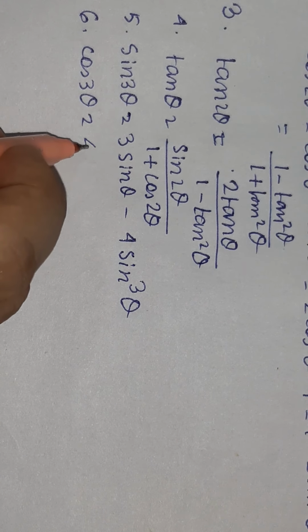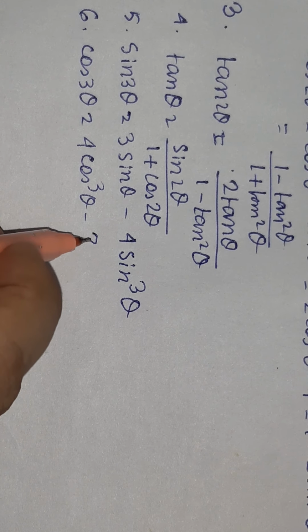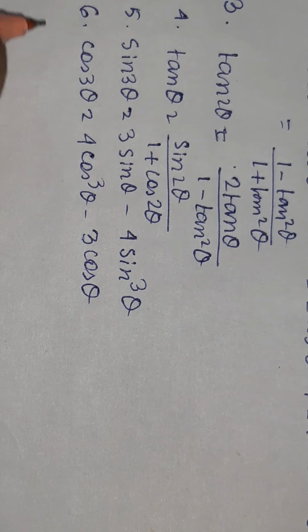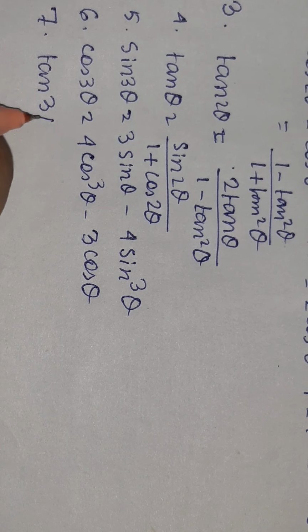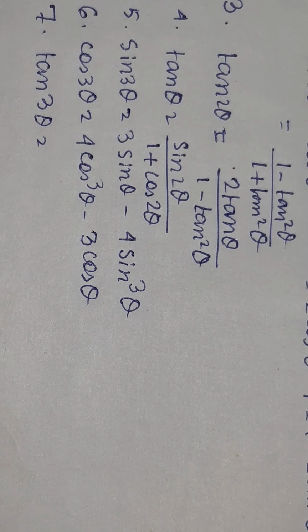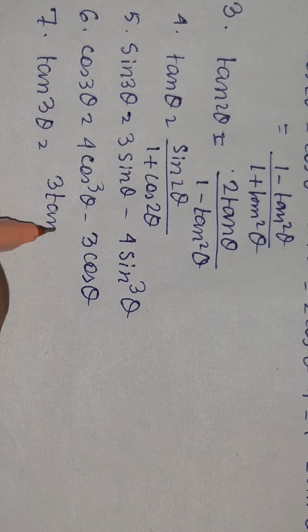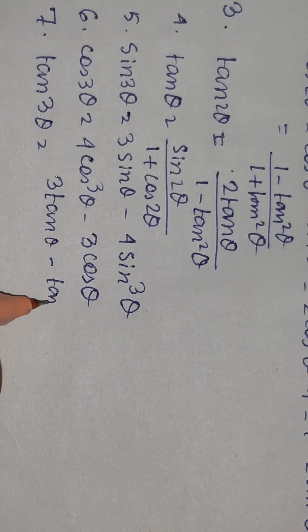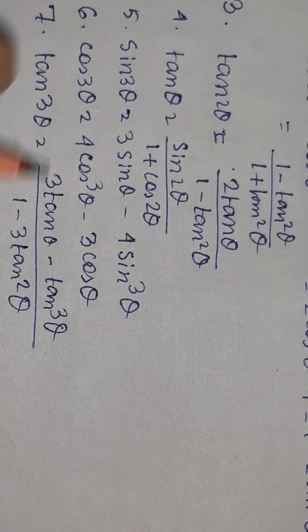It is nothing but 4 cos cube theta minus 3 cos theta. And what is tan 3 theta, which is very important, in terms of tan theta only? That is 3 tan theta minus tan cube theta divided by 1 minus 3 tan square theta.